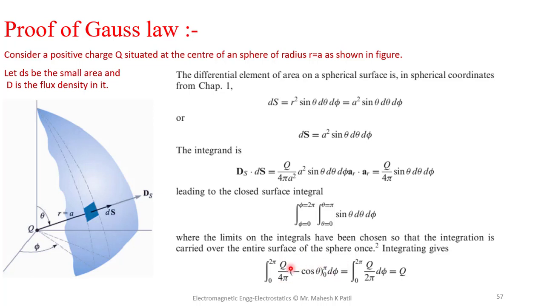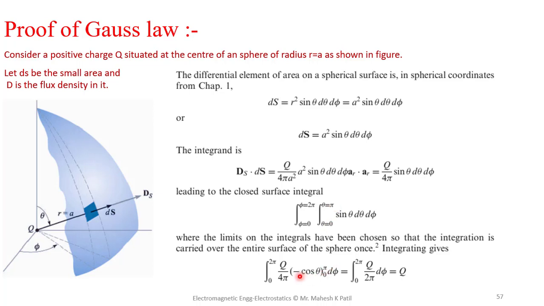into q upon 4 pi integration of sin theta d theta. Now the integration of sin theta is minus cos theta, and the limit is from 0 to pi.